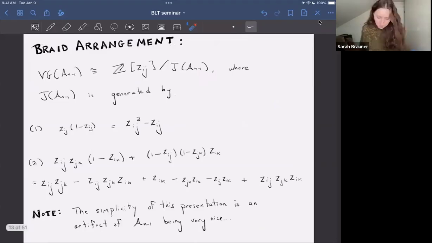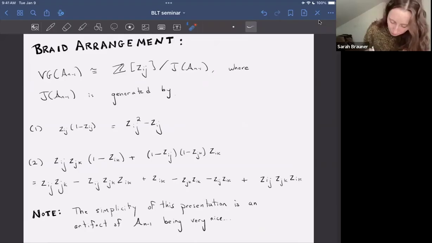Okay, and so for the braid arrangement, we can write down very explicitly all the circuit relations. It simplifies because it's a very nice arrangement. This Varchenko-Gelfand ring is generated by these 2 relations. The first relation is the one I showed you: Zij times 1 minus Zij, which I can write expanded like this.